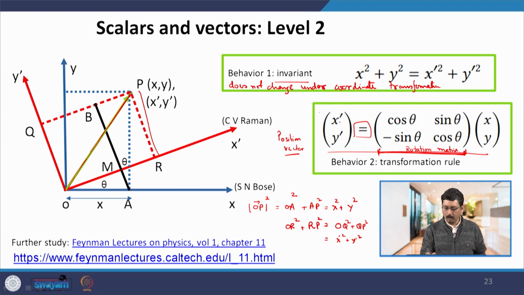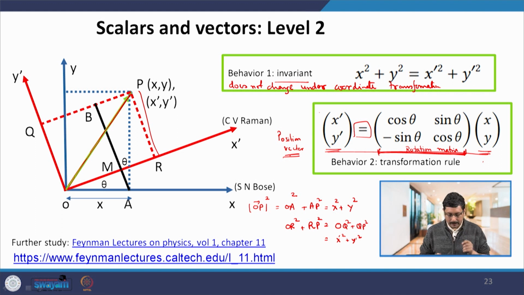So, the components in the blue coordinate system and the red coordinate system are different, but they are related by a simple rule: you take the components of the blue coordinate system, multiply by this rotation matrix, and you get the components in the red coordinate system. So, this is the behavior of the position vector under coordinate transformation.